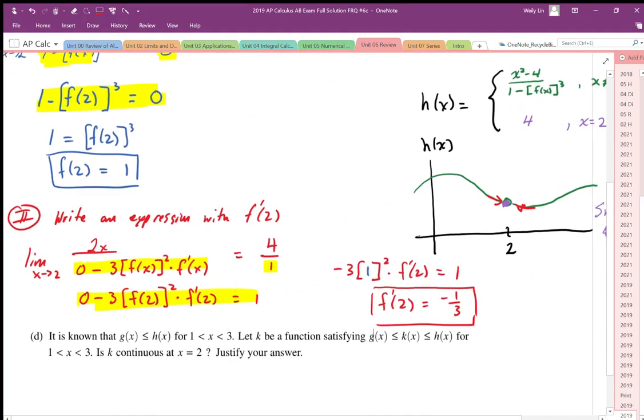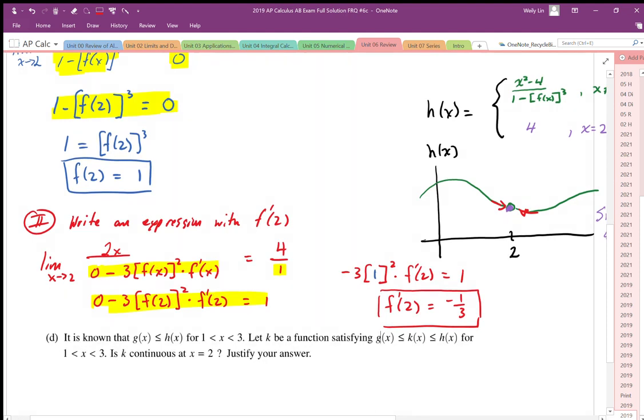To do that, I need to actually apply L'Hopital's rule, and that will generate my f prime expression here. And then since the limit as x goes to 2 of this expression must be equal to that value there because of the continuity of this, okay, so it has to be the dot that's filled in here, which is equal to 4. I can make that equality, and from that equality I can solve this equation for that one unknown part.